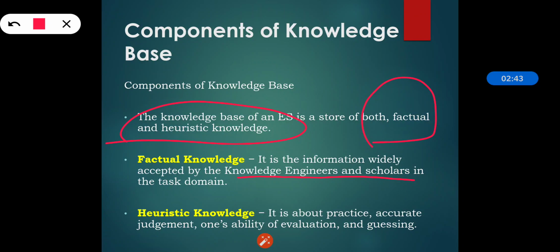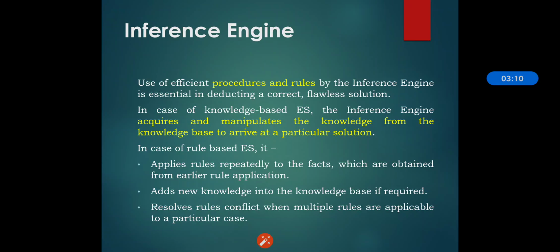As we have said, the information should be domain specific, so factual knowledge is information accepted by the engineers and scholars of that particular task domain. That is factual knowledge. And heuristic knowledge is about accurate judgment, practice, evaluation and guessing. That is called heuristic knowledge.